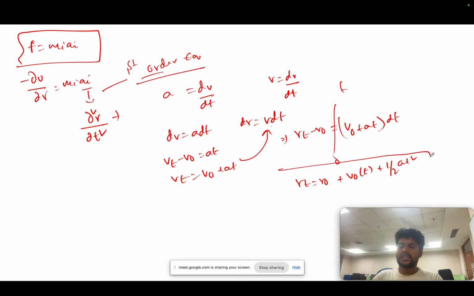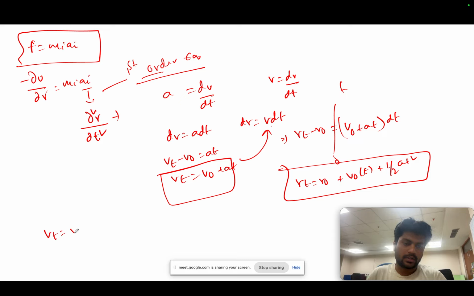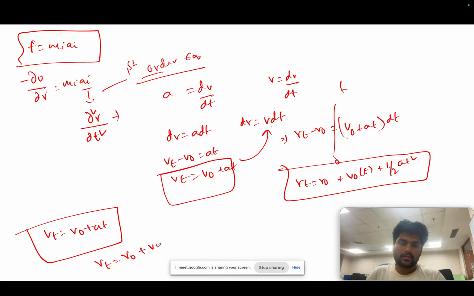So these are the two basic equations. These are the two important equations.